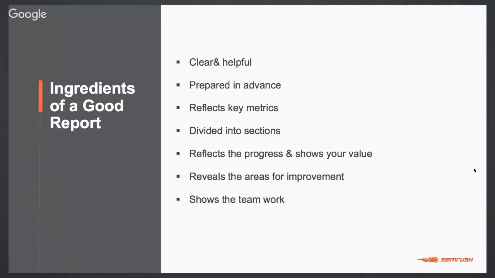The report should also reveal some areas for improvement. That means it should show what kind of things can be done better, because it never comes to the point that everything is perfect and there's nothing to work on. Usually there is something you can do better, something you can improve, and it's really good if the report includes some kind of conclusion and some recommendations on what you can do better.